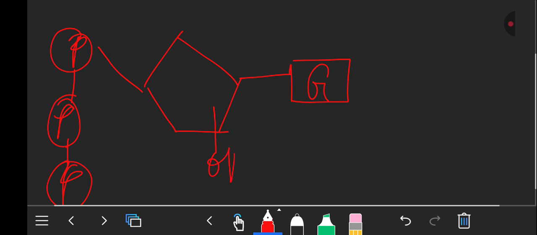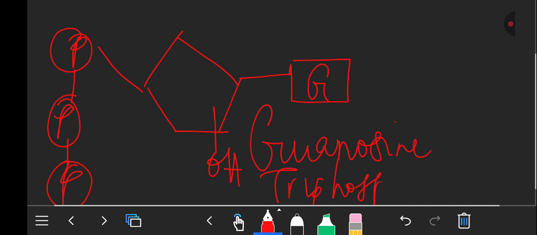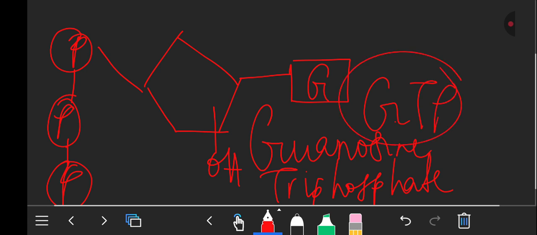Even the name will change. We call it adenosine because of the adenine, so this will be guanosine, because of guanine. Because there are 3 phosphates, guanosine triphosphate. This is the one we call GTP, guanosine triphosphate. It is very important for us to appreciate this concept.